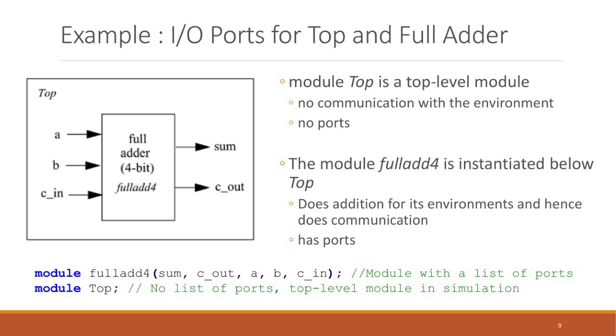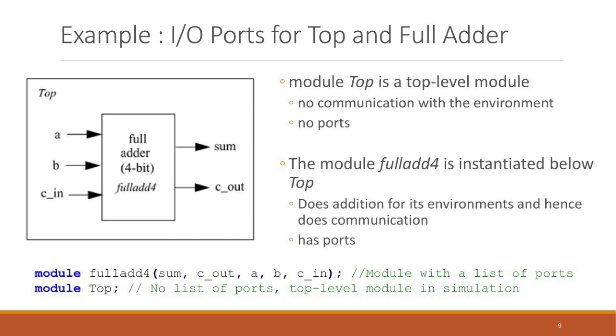Therefore, the module top does not need to have any ports. The module full_add4, which is our full adder module, is instantiated inside the top module, and this full_add4 module does addition for its environment, and hence it needs to communicate with its environment. Therefore, it needs to have a ports list.